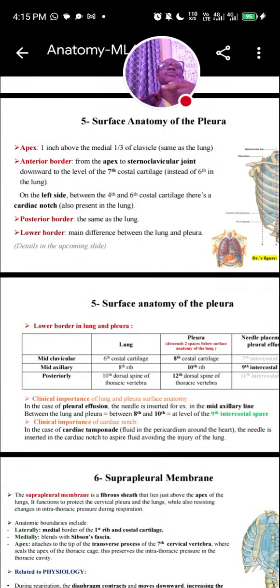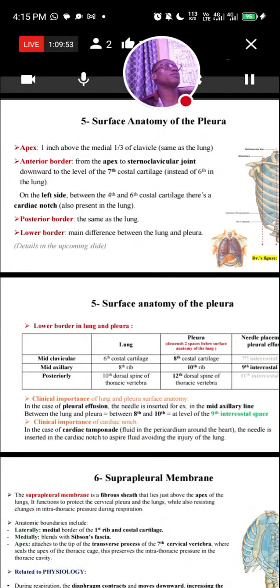He said it is 1 inch above the medial 1/3 of the clavicle. This is the medial 1/3. Look at it. The medial 1/3 towards your neck. Lateral third, away from the neck towards the shoulder. So this is lateral. This is medial. Okay. Making progress.